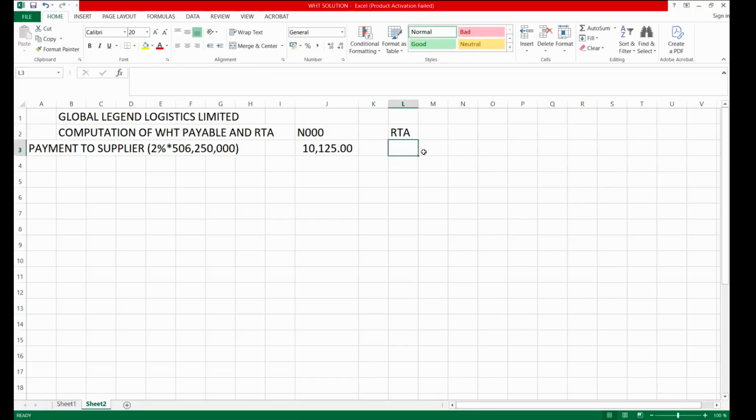FIRS. Why is it FIRS? It's a limited company, not an individual. Because it's a company, does that mean all their suppliers must also be companies? So the relevant tax authority will be both FIRS and the State Internal Revenue Service, SIRS.